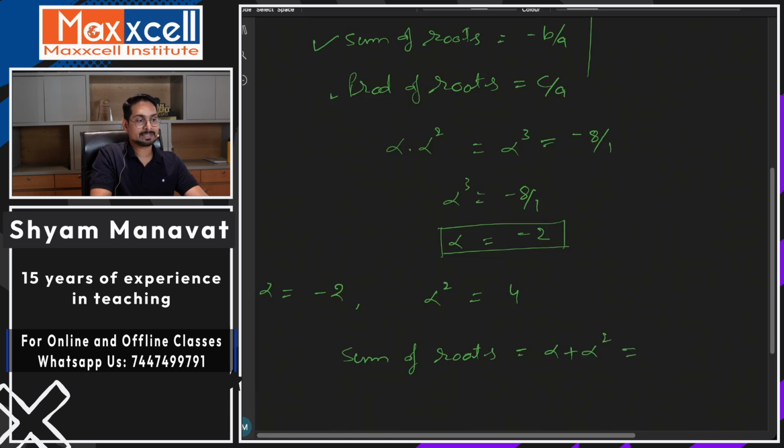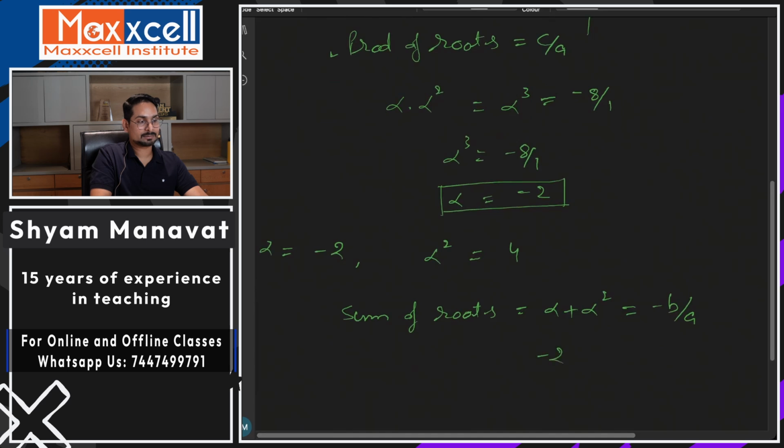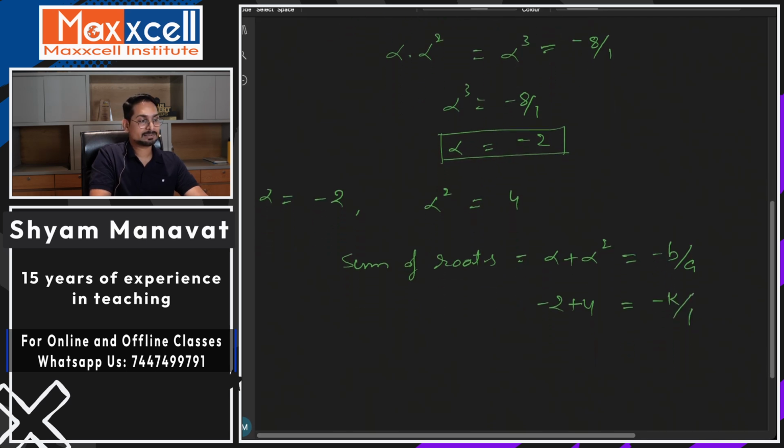That's equal to minus b upon a. Now alpha is minus 2, alpha square is plus 4, minus b is equal to minus k, and a is equal to 1. So simplify this, you get minus 2 plus 4 is equal to 2. Yeah, that is equal to minus k, right? So what will be the value of k here? In case of k, it will be minus 2.